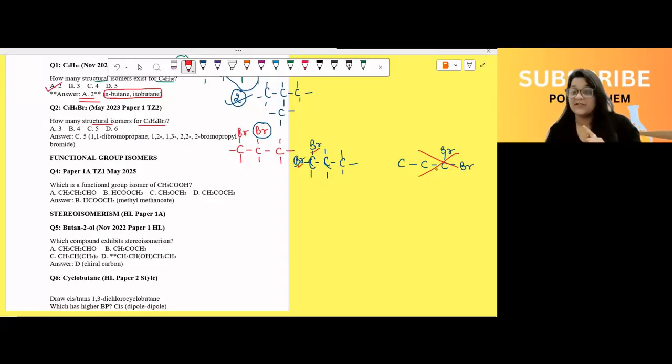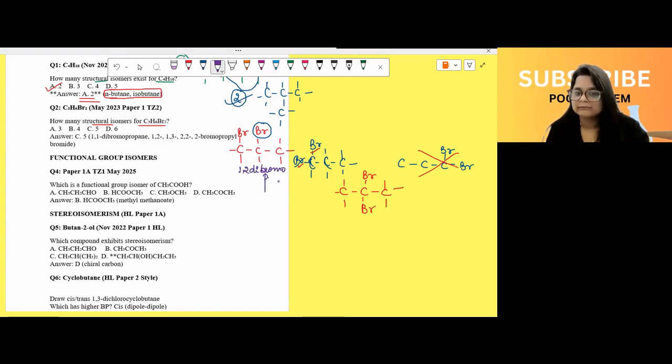What I can do is place both at the second one. Right? These are all hydrogens. So what is this? This is 1, 2 dibromopropane.